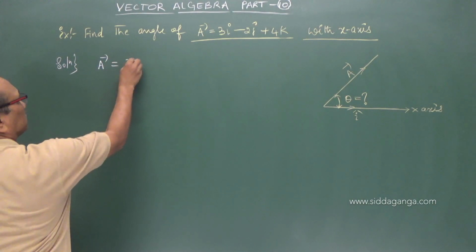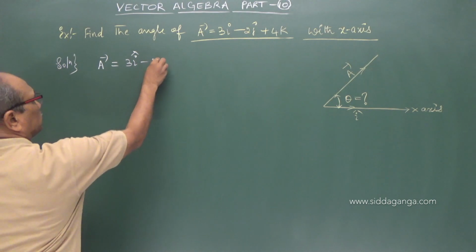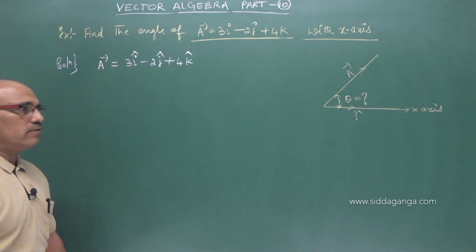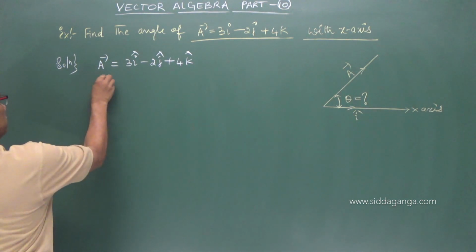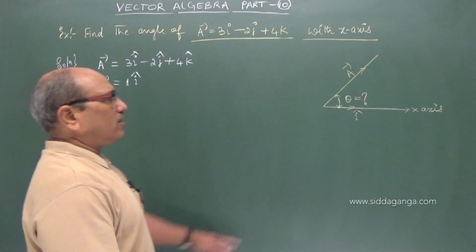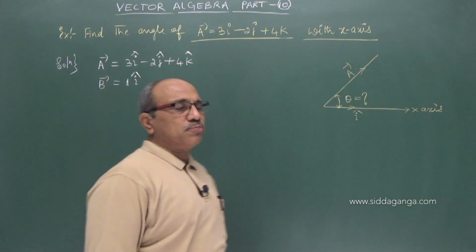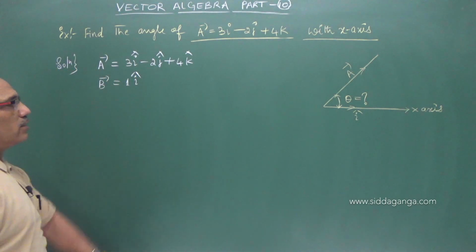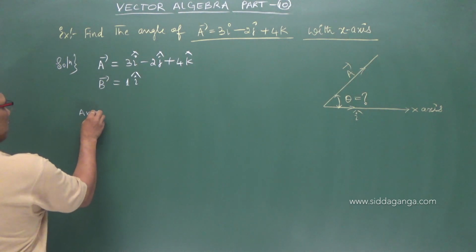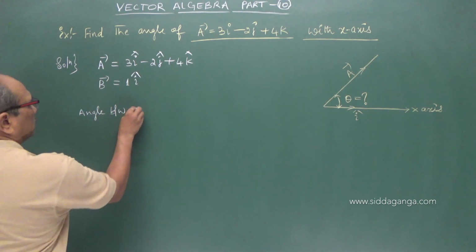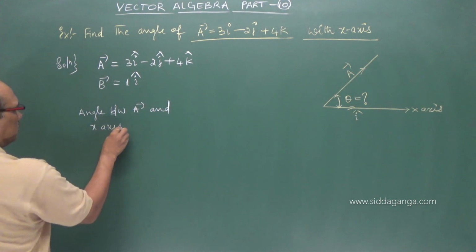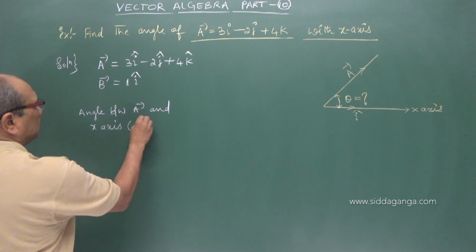Let us think first. 3i minus 2j plus 4k is a vector. Another vector B along the x-axis is 1i, which is the x-axis unit vector. Angle between them is required, means angle between A and the x-axis. That means A and B.